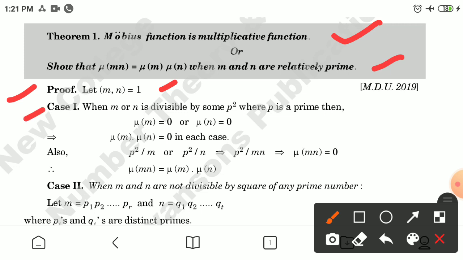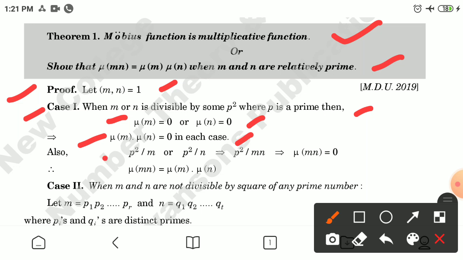Case first: when m or n is divisible by some p square, where p is a prime, then mu(m) is equal to 0 or mu(n) is equal to 0 by the definition of the Mobius function. This implies mu(m) into mu(n) is equal to 0 in each case.